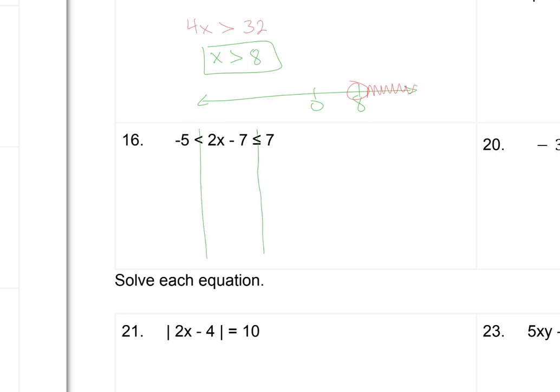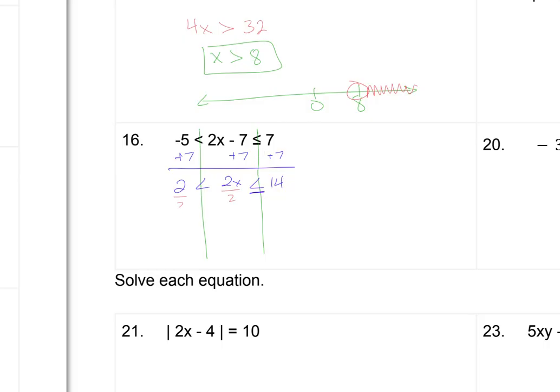You can split this up into 2 separate inequalities. I'm going to keep it as one and then just make sure I deal with all of the sides. And then this is probably something that almost tripped me up, so make sure and keep your symbols the same.